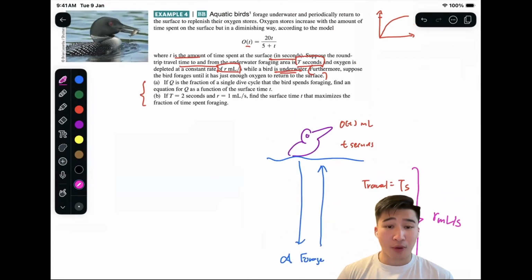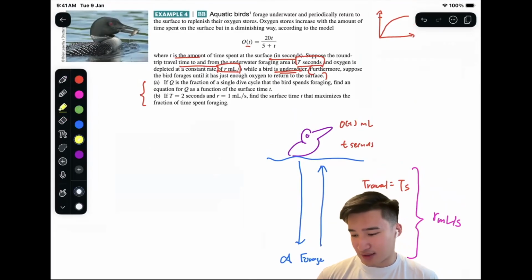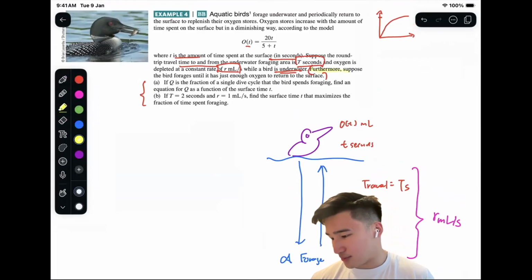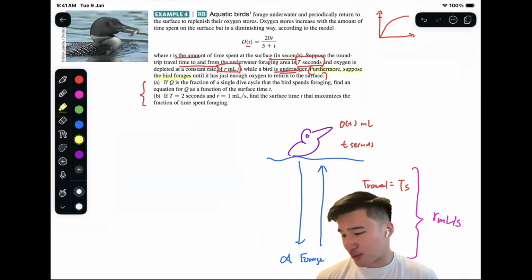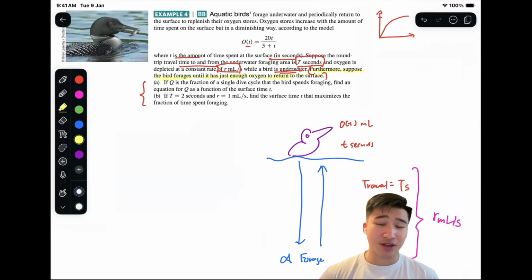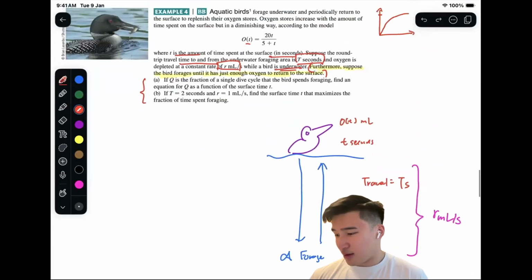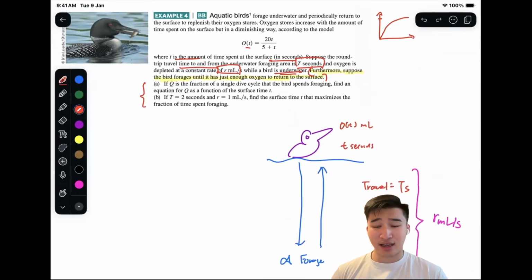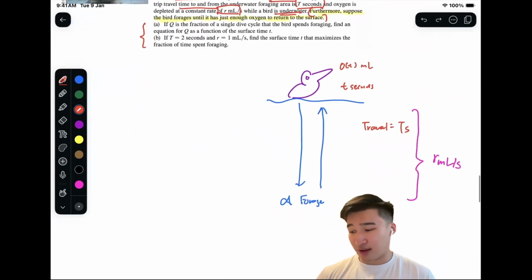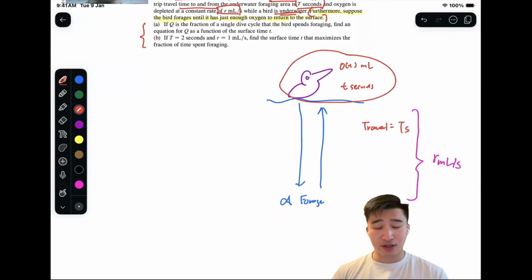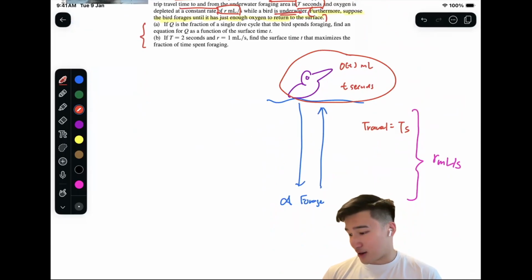Actually, one of the most important sentences in the entire question is this one: furthermore, suppose the bird forages until it has just enough oxygen to return to the surface. This sentence basically means that the amount of oxygen you've taken in is going to be totally equal to the entire trip plus the foraging time.